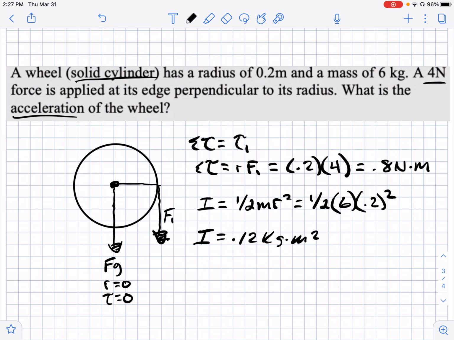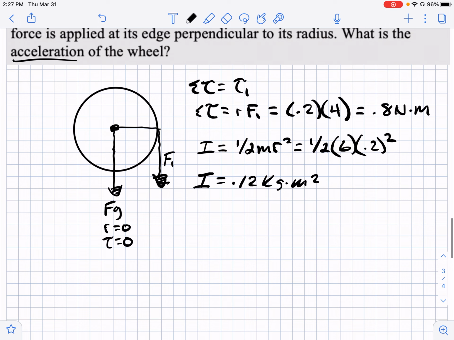So now we have our net torque and we have our rotational inertia, so we can solve for that angular acceleration. Angular acceleration will be our net torque divided by rotational inertia. So we can plug in our values. We get 0.8 Newton meters divided by 0.12 kilograms times meters squared.